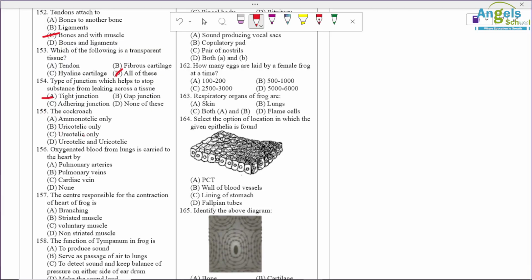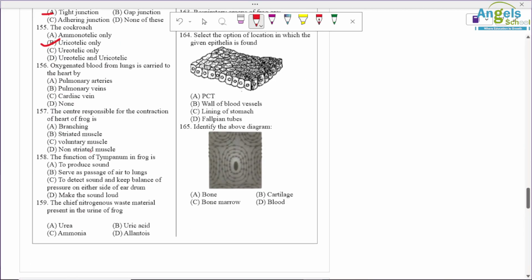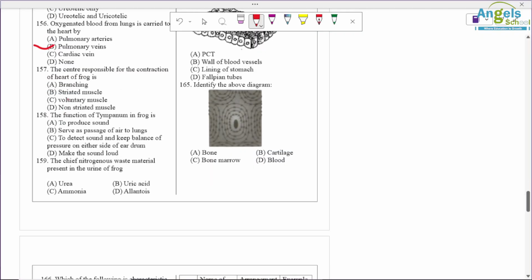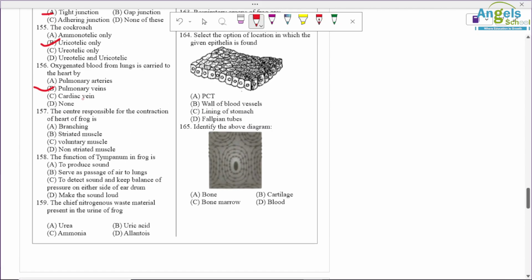A cockroach is a uric acid producer, so it is uricotelic only. Oxygenated blood from lungs is carried to the heart by the pulmonary vein only. The center responsible for contraction of the heart in a frog is due to a branching of heart muscles.